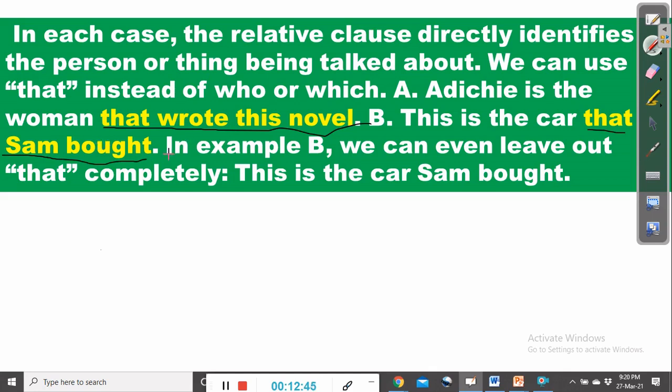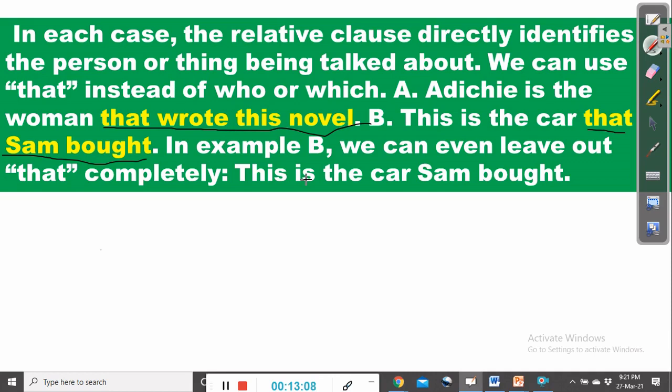Now, one other interesting thing we can do is that we can remove that in example B. We can leave out the relative pronoun completely, and we connect the information directly to the car.